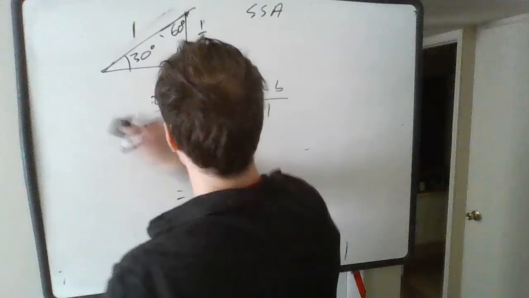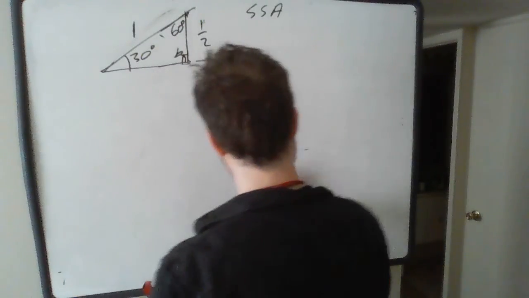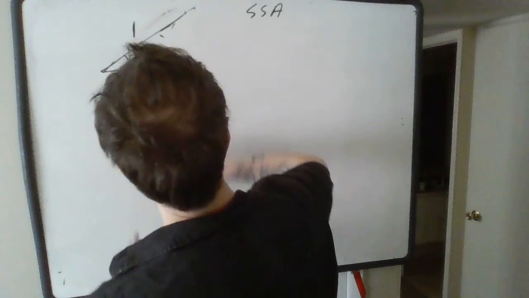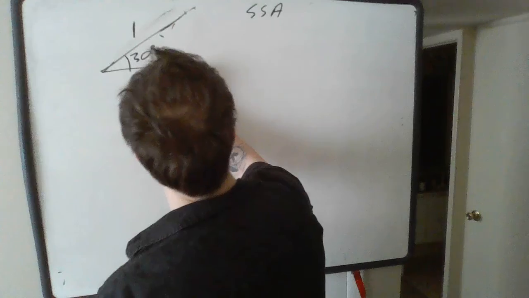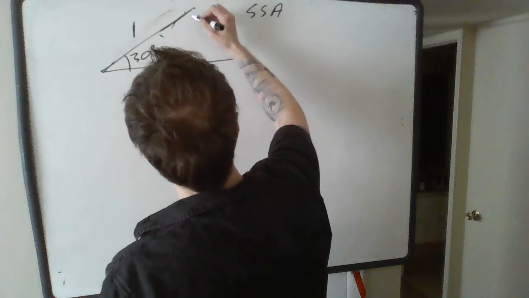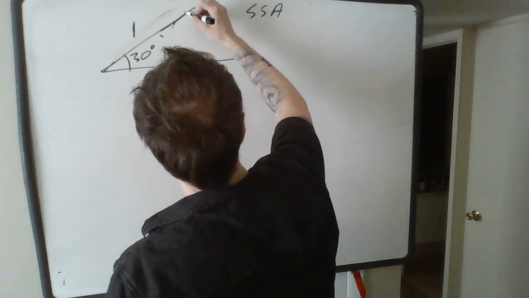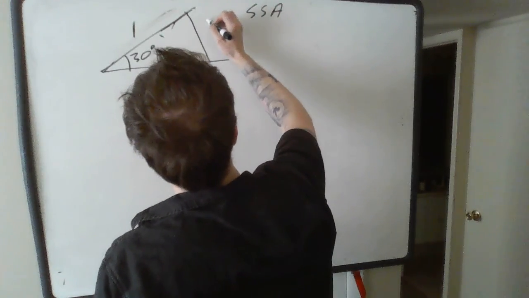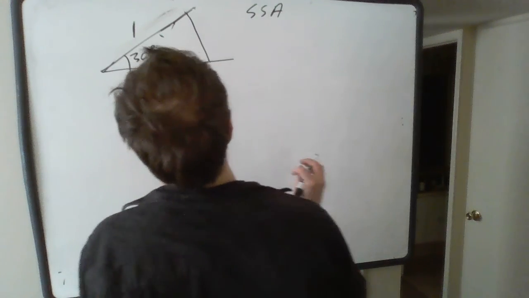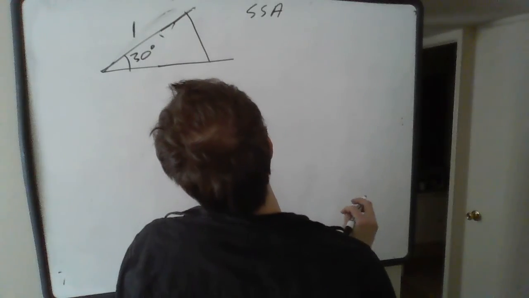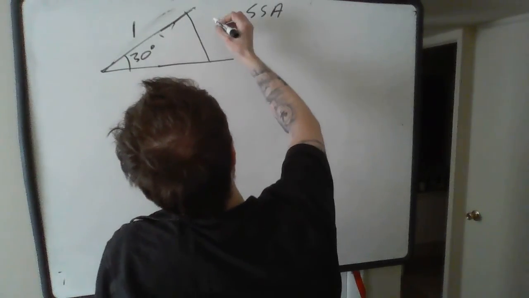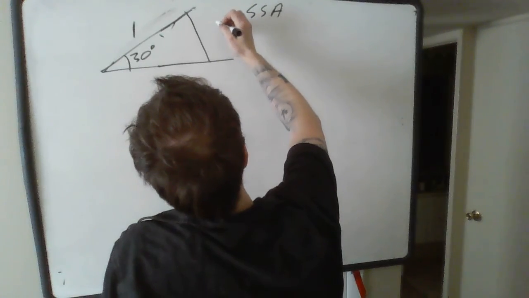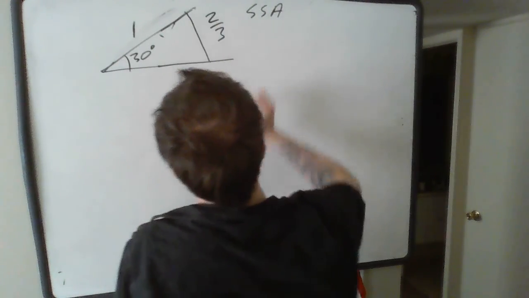Now, what if I ask you the following question? We're going to start again with the same kind of setup. And I'm going to say that this time this side is going to have a length of, what do I want this side to be? What if I make this side have a length of 2/3?